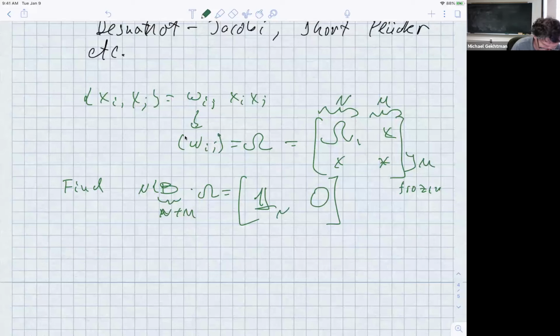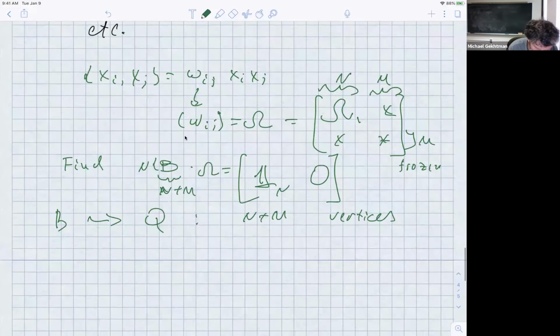From this B, I will draw a quiver Q with n plus m vertices, and between any two of these vertices the number of arrows is equal to Bij.